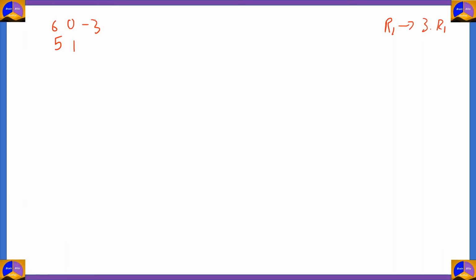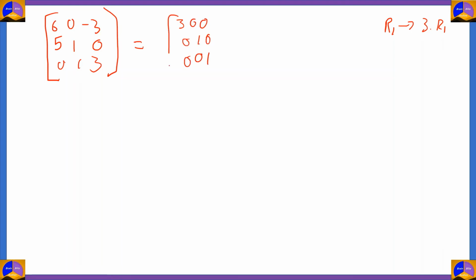So it's 6, 0, minus 3, 5, 1, 0, and then 0, 1, 3. The transformation only affects the first row of both the matrices. And so over here, we'll get 3, 0, 0, 0, 1, 0, 0, 0, 1 times A. So this change happens here, and we can see the effect.